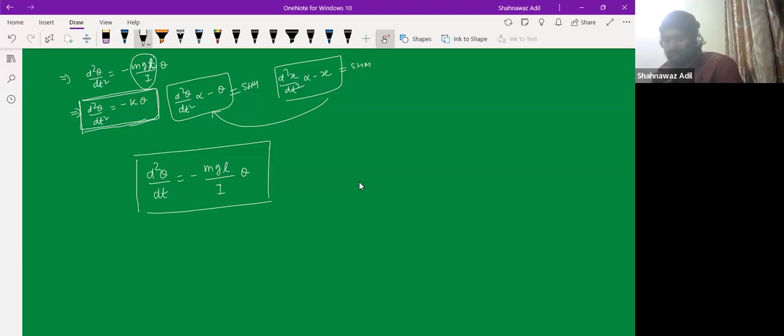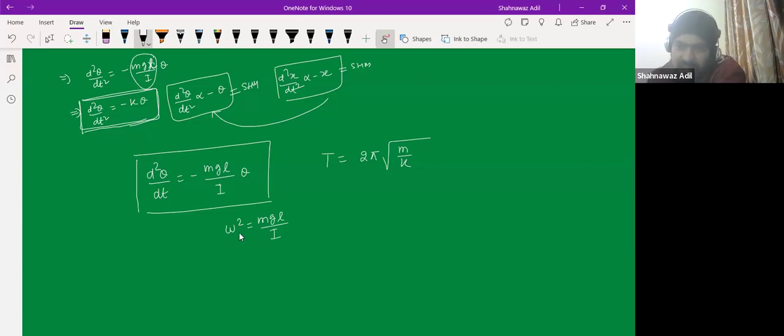If we remember, what was the time period of oscillation? This was 2 pi root m by k, right? And if we compare, this is omega square. Omega square is m g l by I, right?